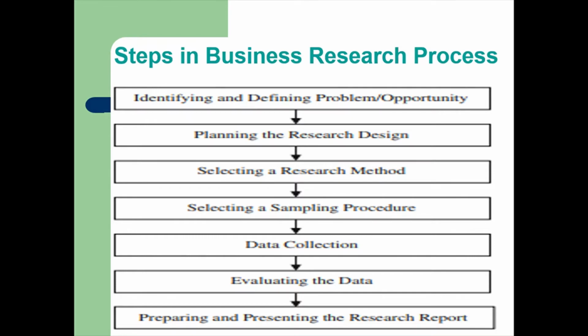The fourth step is selecting a sampling procedure. A sample is a subset of individuals from a larger population. For example, you are studying the occurrences of workplace bullying among pharmacy staff.